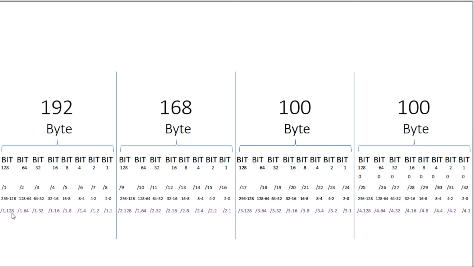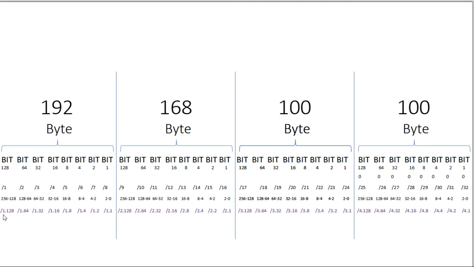Are they 128 computers? Are they 64? Are they 32? Are they 16, 8, 4, 2, or 1 computer? How many computers are in this subnet, or how many units? Because if it's this byte, it gets multiplied by this and by this. All right.